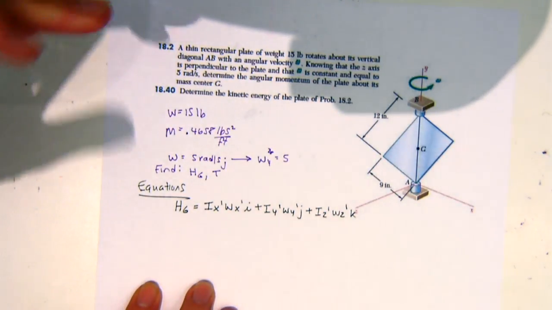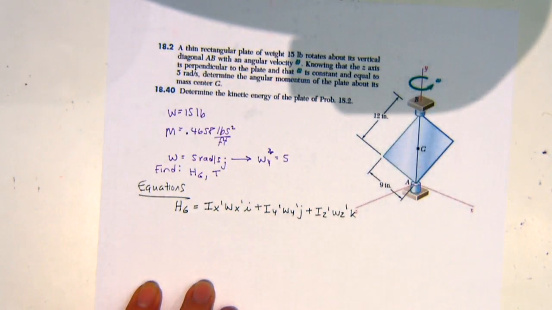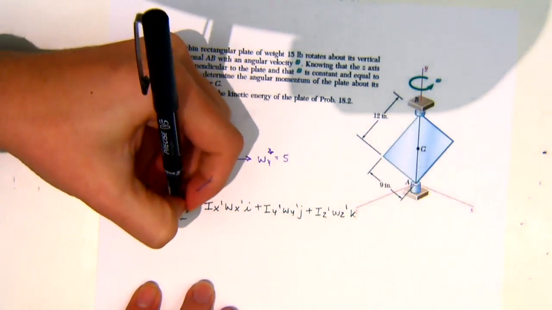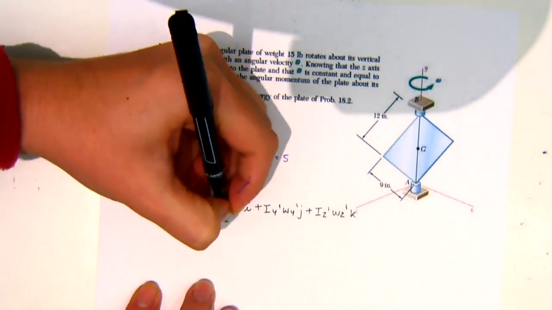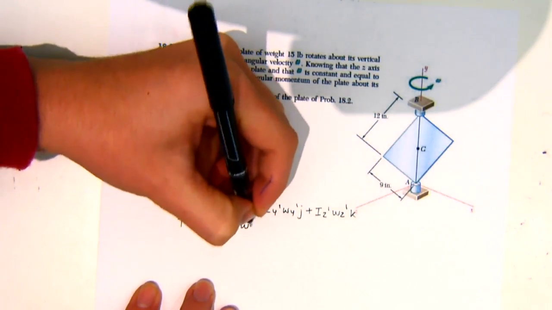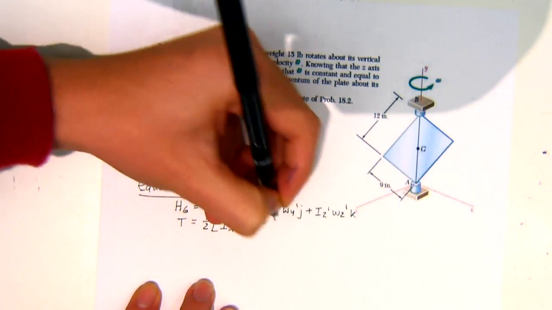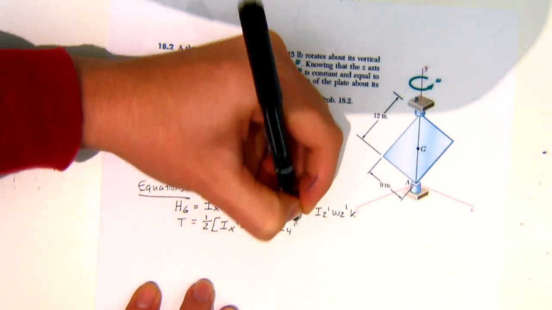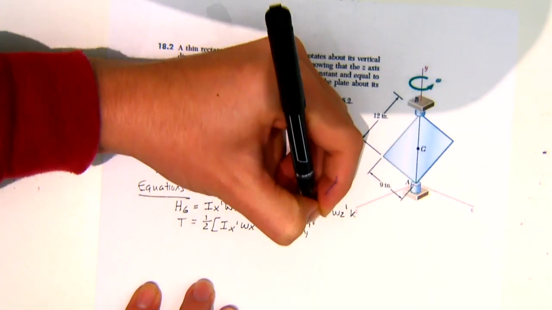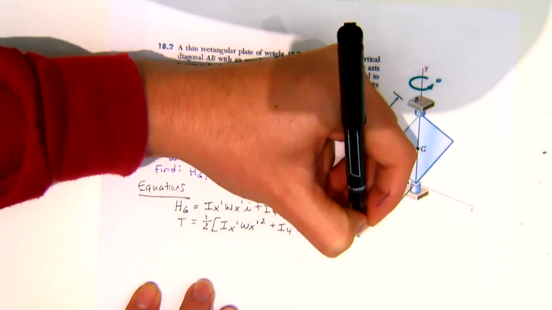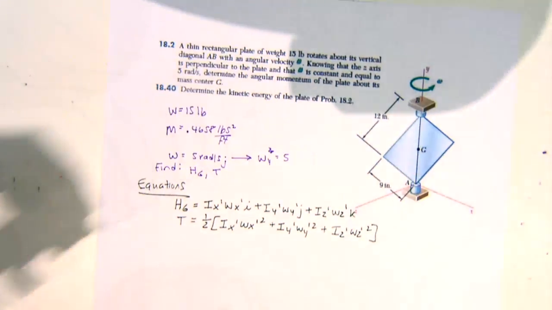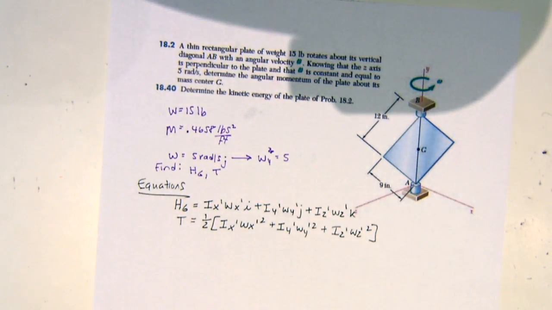The primes mean we're going to break it down based off its geometry. Then I know that the kinetic energy is 1/2, and then I have Ix prime omega x prime squared, Iy prime omega y prime squared plus Iz prime omega z prime squared. So a very similar equation to what we're used to.